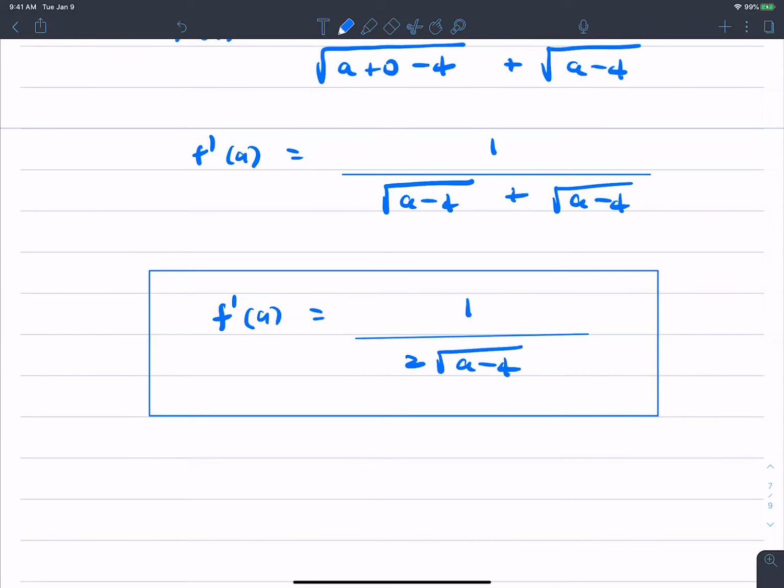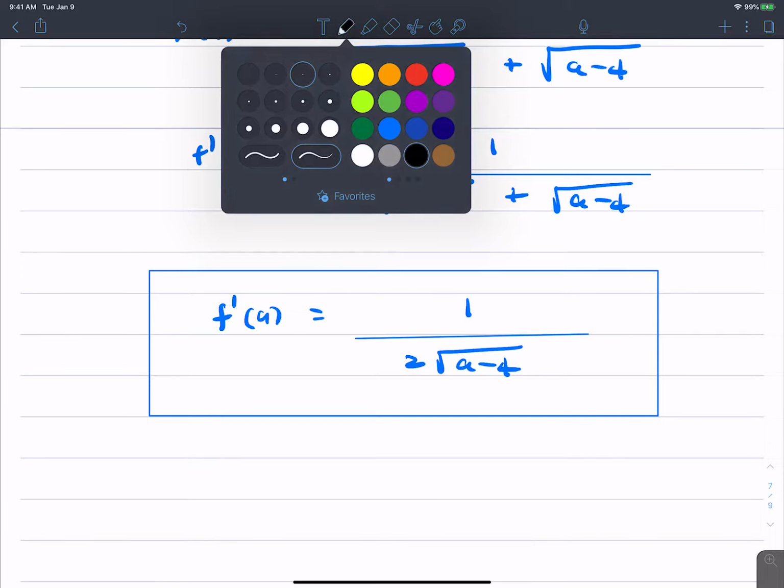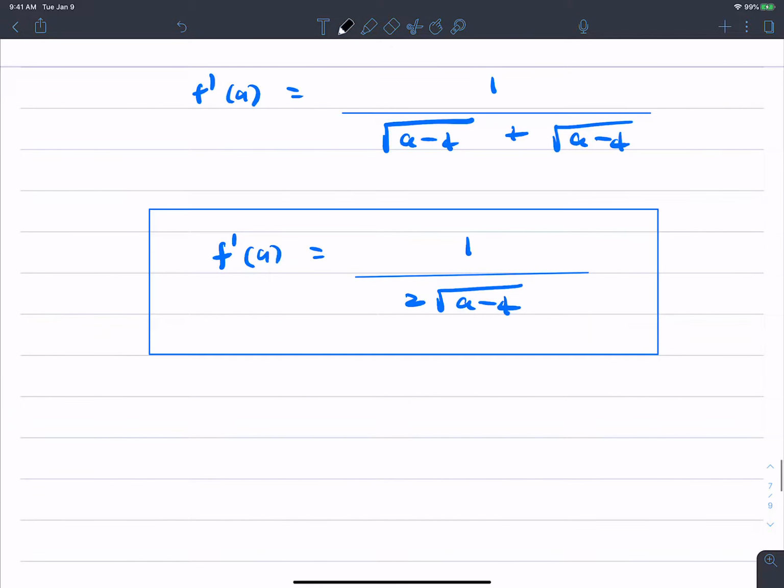So here's your formula, ladies and gentlemen. And again, in future sections, you say f prime x is 1 over 2 square root of x minus 4.